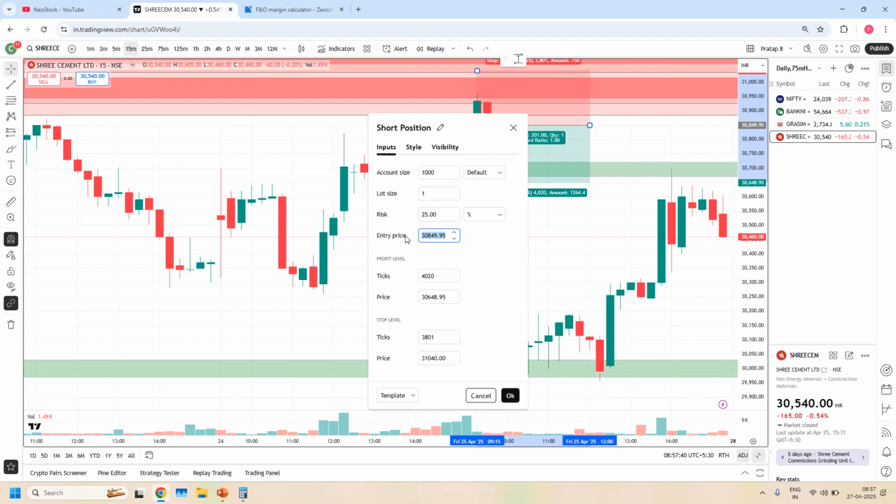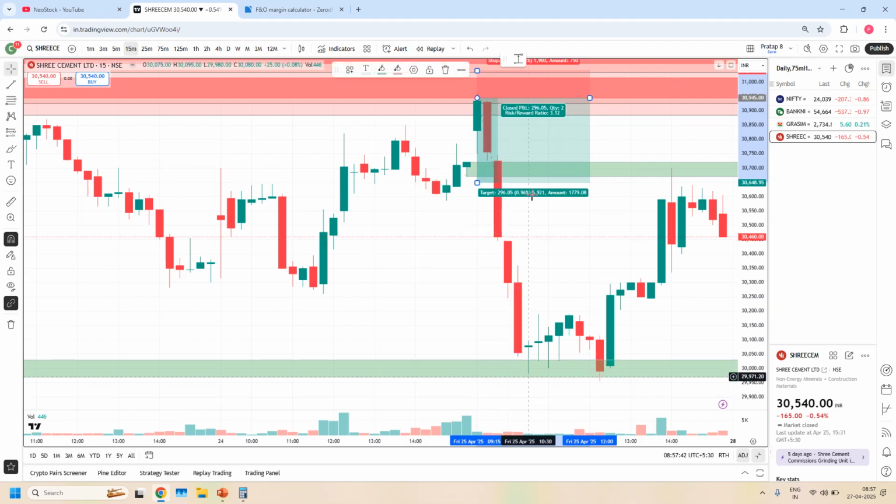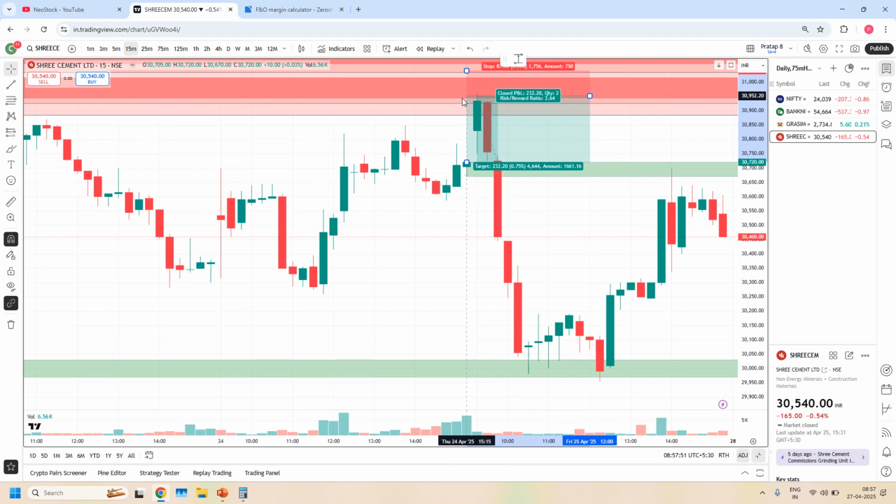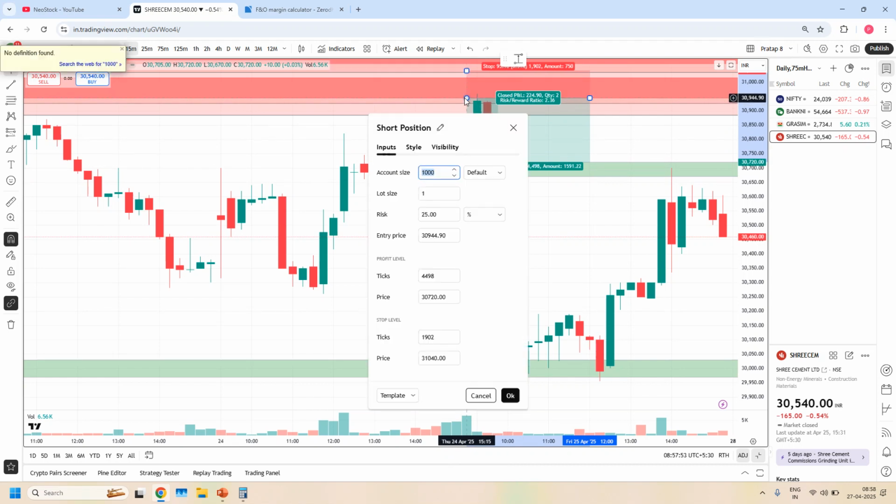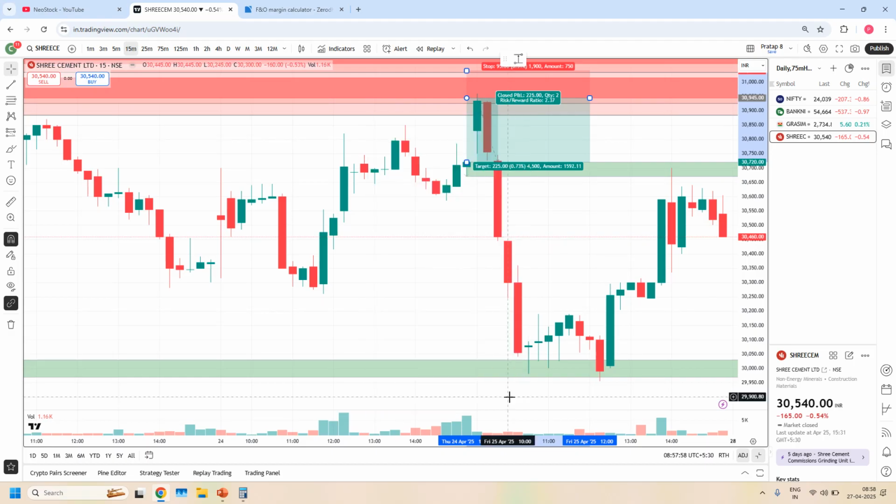So see, exactly here the entry is adjusted, and here is your stop loss. Okay, 30,945 is the entry.